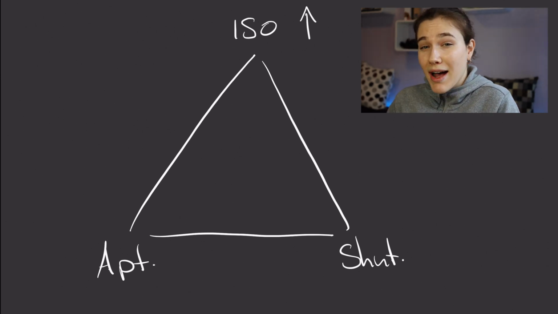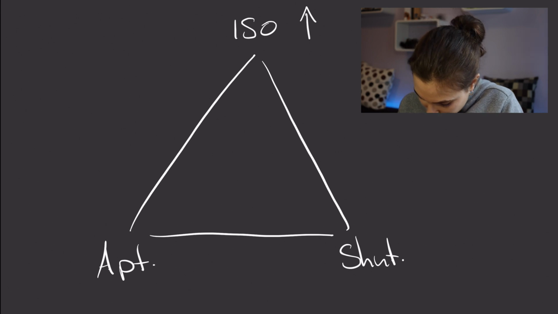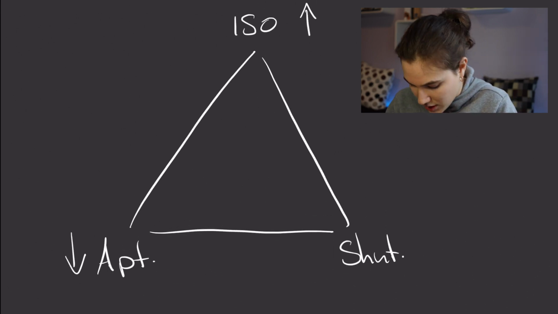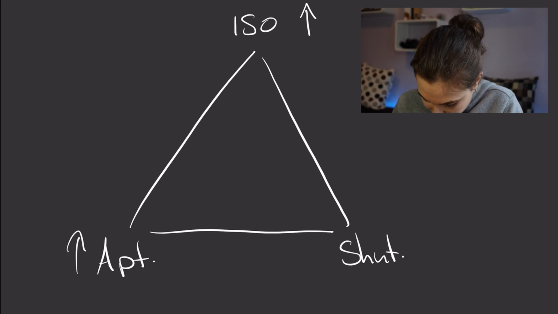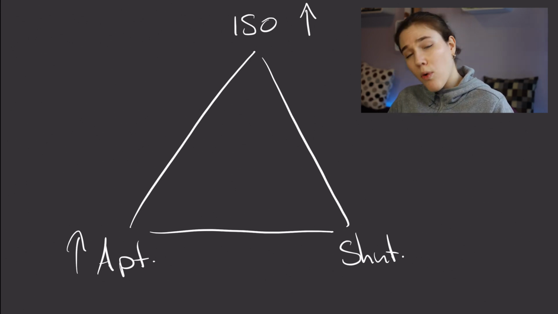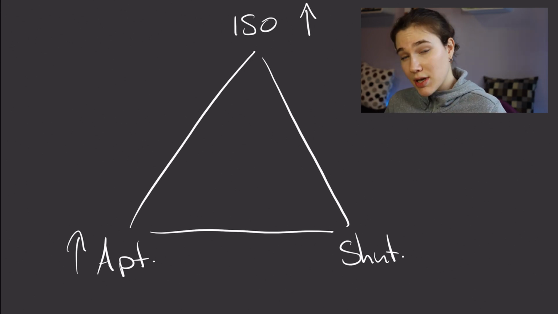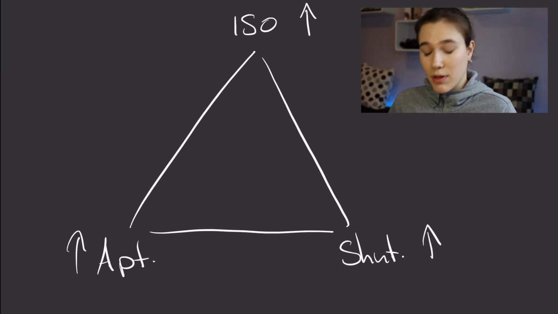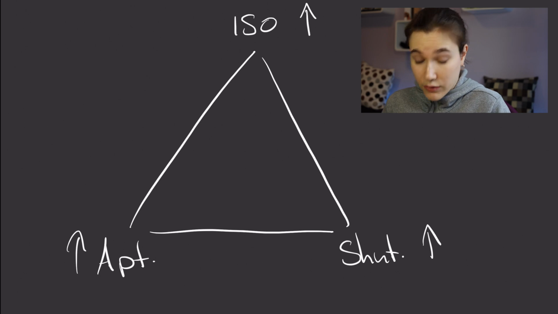In order to counteract that, you can either increase your aperture, like an f-stop of 22 or 8, for example, or you can counteract your increase in ISO by increasing your shutter speed to something like 1/100, for example.